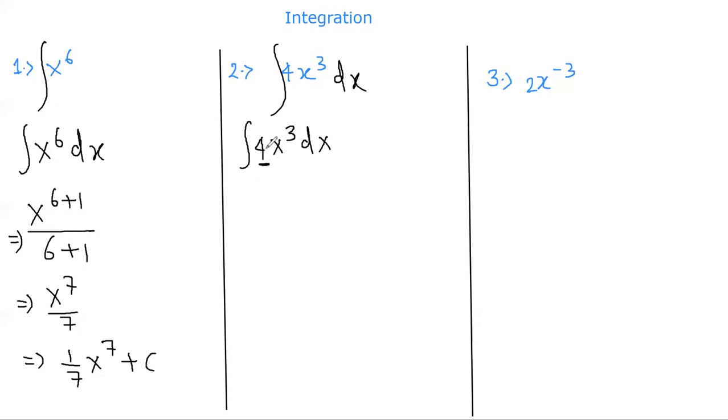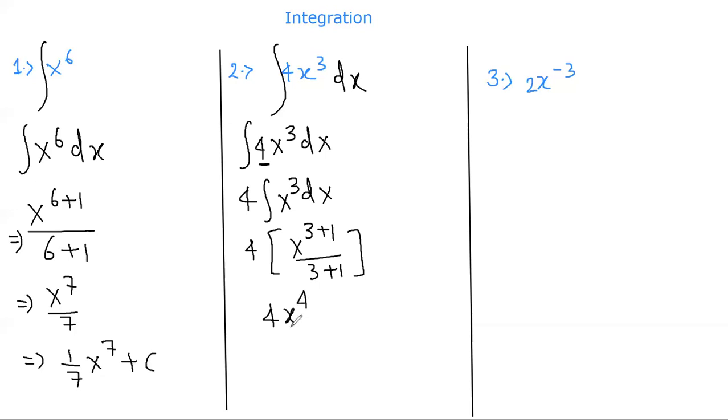So we can take this constant outside and only integrate x cube dx, which is 4 times x to the power 3 plus 1 divided by 3 plus 1, which is 4 x to the power 4 over 4. Can we cancel this 4 and this 4? So that will become x to the power 4, and in the answer we can put plus c. So that is going to be the answer for this particular question.